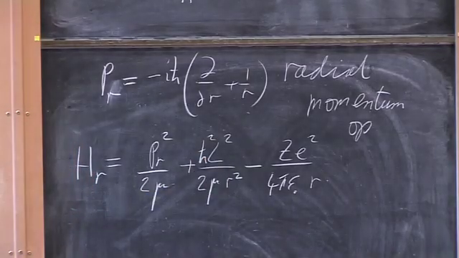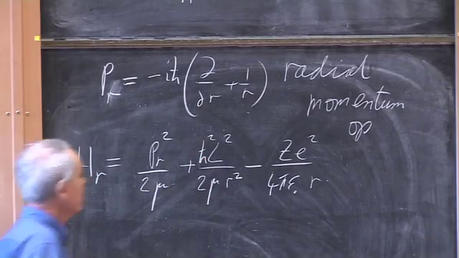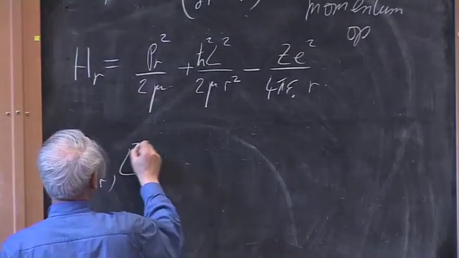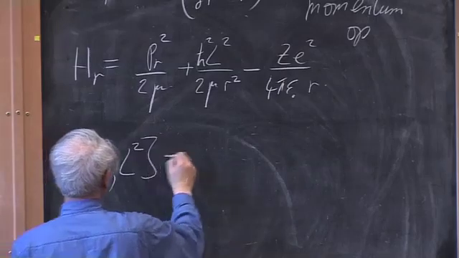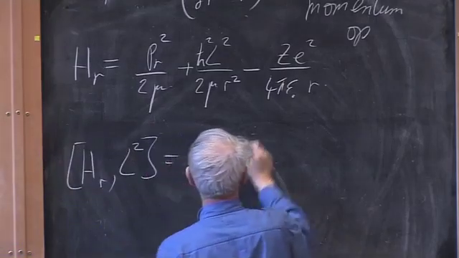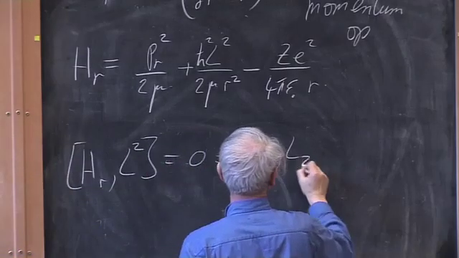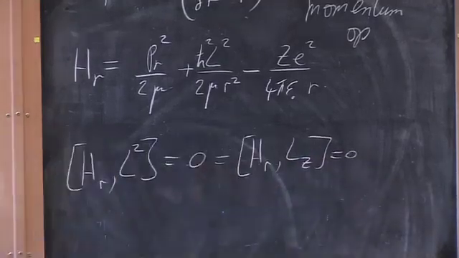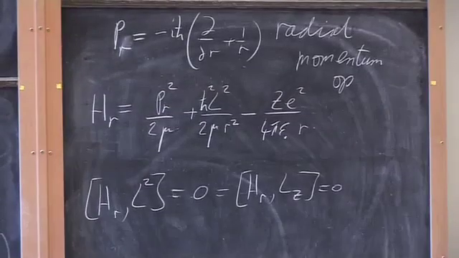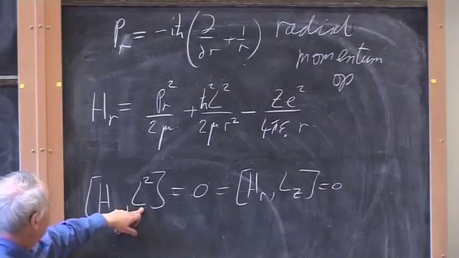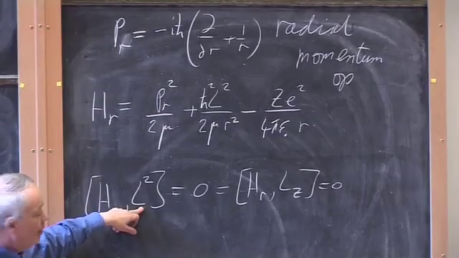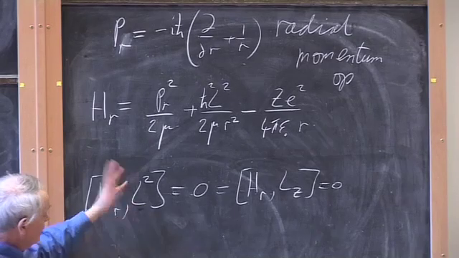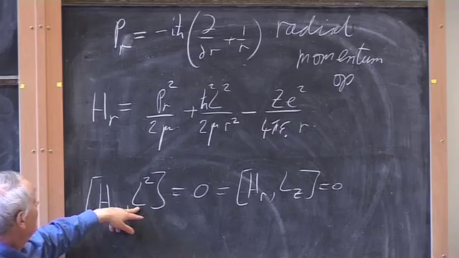So the brilliant thing is that the commutator of HR and L squared equals naught. It's also true that HR comma LZ equals naught. Why is that? Because L squared, remember, can be represented as a partial differential operator in terms of d by d thetas and d by d phis.